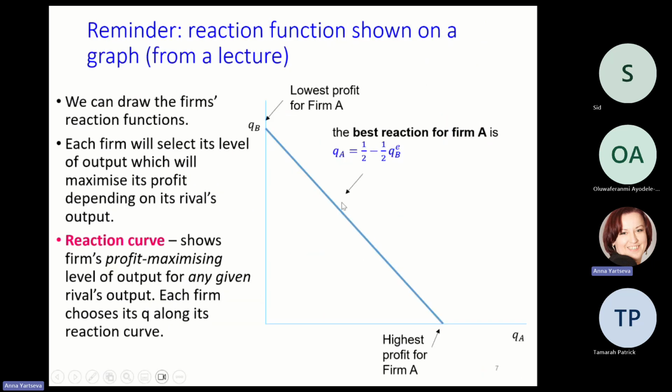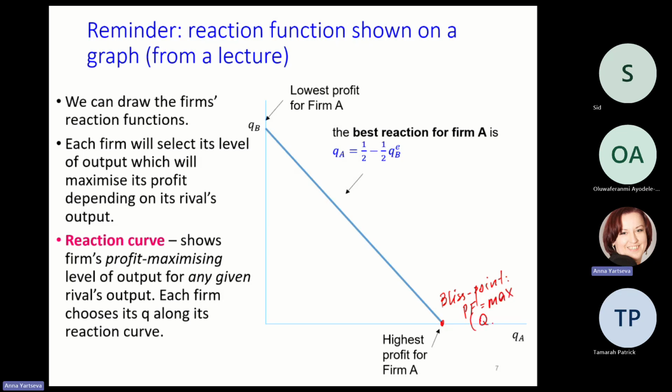And again, this is the summary of what I've done. So if we've produced this best response function for company A, this is the line which can be described by this equation. The highest profit will be achieved here. This is our bliss point. This is what we called the bliss point in the lecture. Bliss point, which produces maximum profit or monopolistic output.